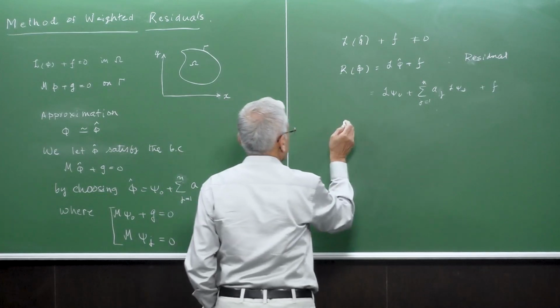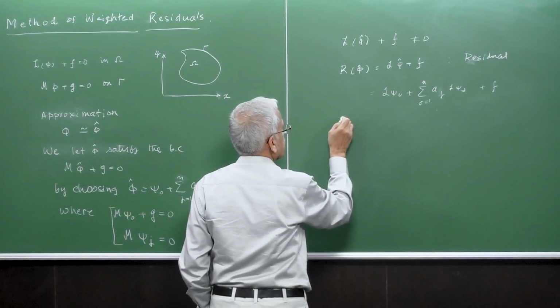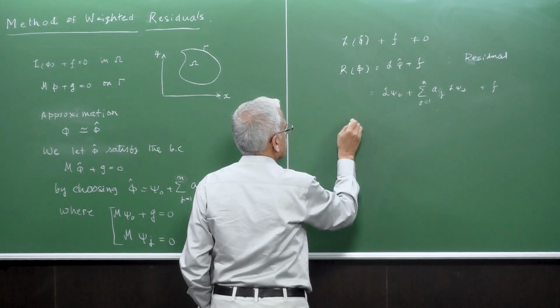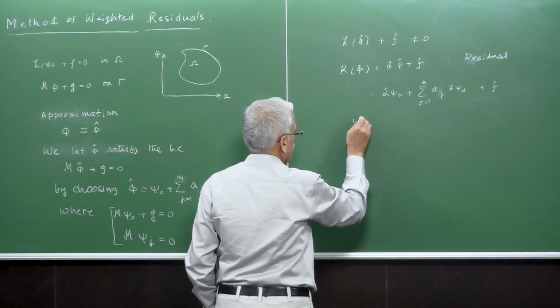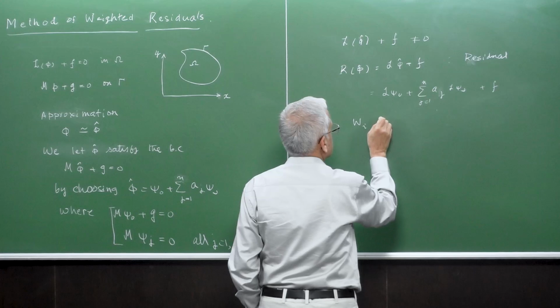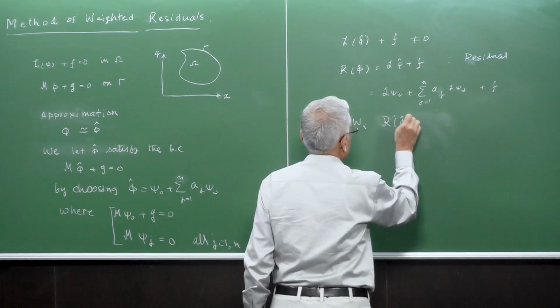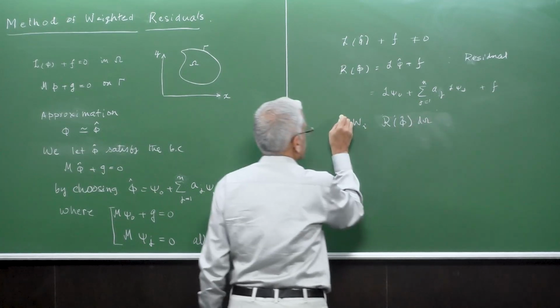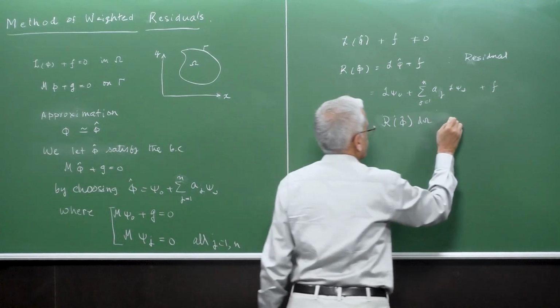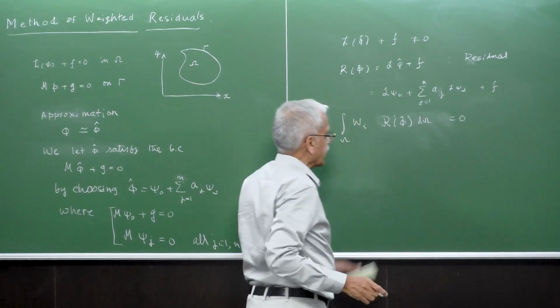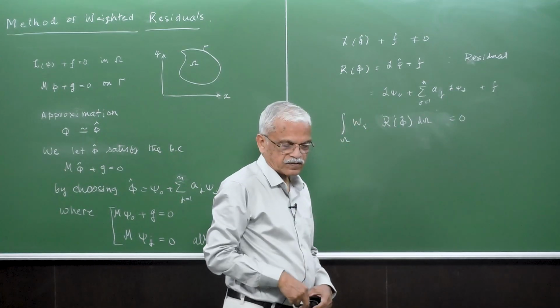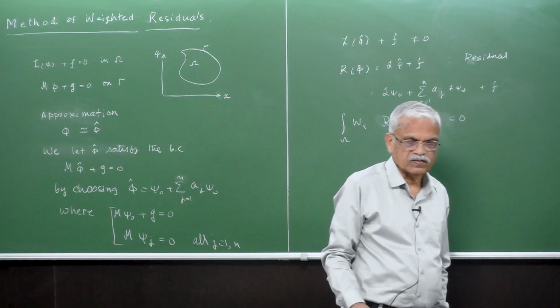For that, what we are proposing is that this residual r phi hat will be weighted against a known function w i. This is what we discussed in the morning.